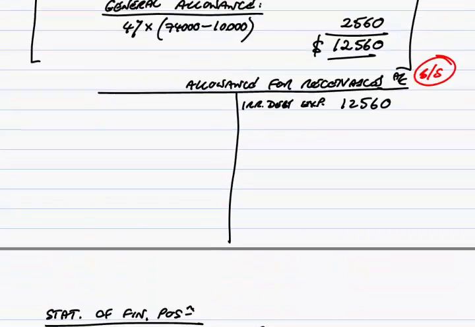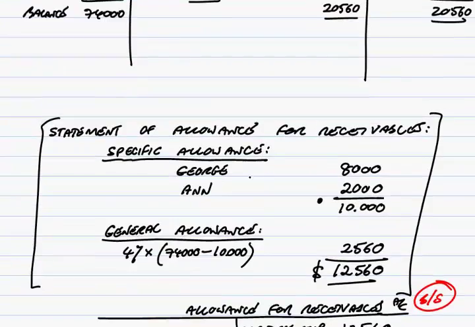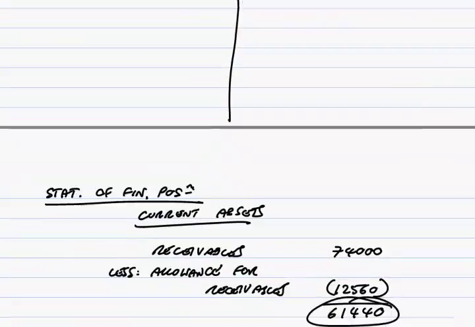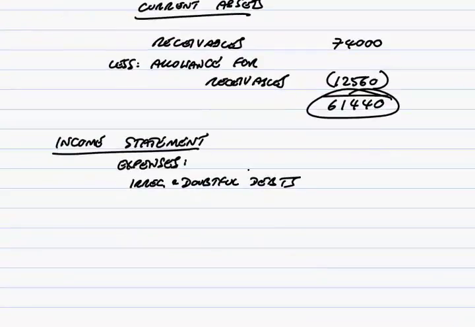How much was it? The cost of everything we've done, it was 20,560. And there we are. Okay, now hopefully that's not too bad. Remove the irrecoverable ones, calculate the allowance or provision that we want, and then put through the entry.